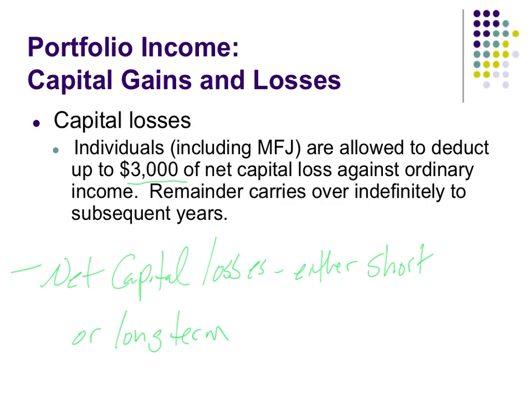I'm going to change colors on my pen here. For AGI, remember that there are three types of for AGI deductions: directly related to business income, indirectly related to business income, and some things that are specifically subsidized by Congress.